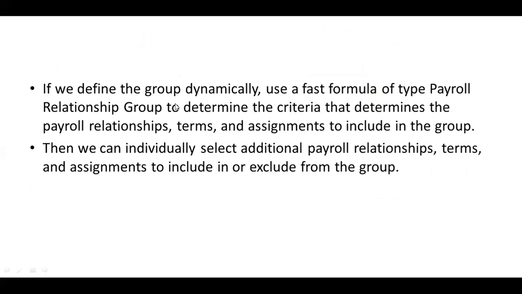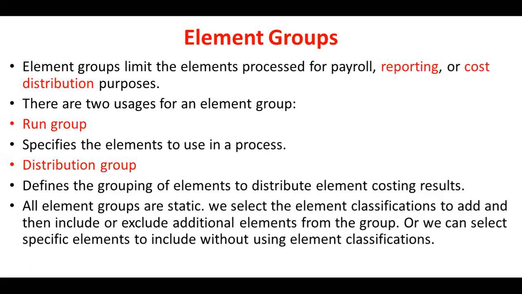If we define the group dynamically, for example by writing a fast formula that returns some logic and values, we get the payroll relationships information, and those values will be populated here. That's the first one, the payroll relationship group.